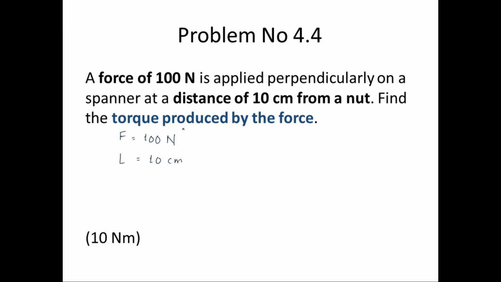In all these numericals, we have to use SI units, System International Units. So 10 cm is not the SI unit. To convert it into the SI unit, we have to divide it by 100. So 0.1 meter. This is the SI unit of length.